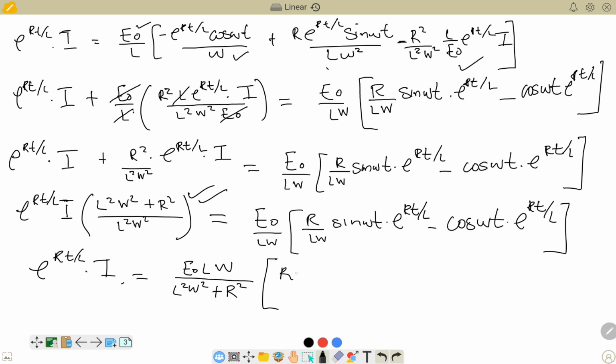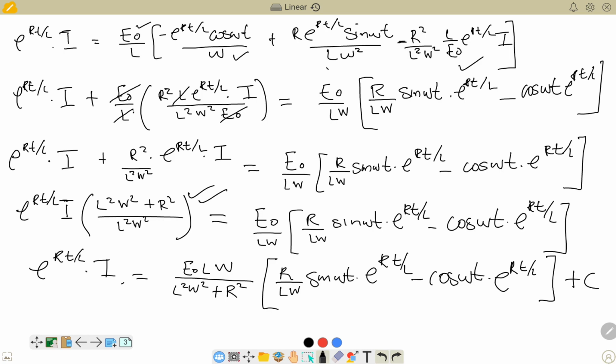Then R, LW sine WT times e to the power RT over L minus cos WT over L. Then from here we can write plus C.